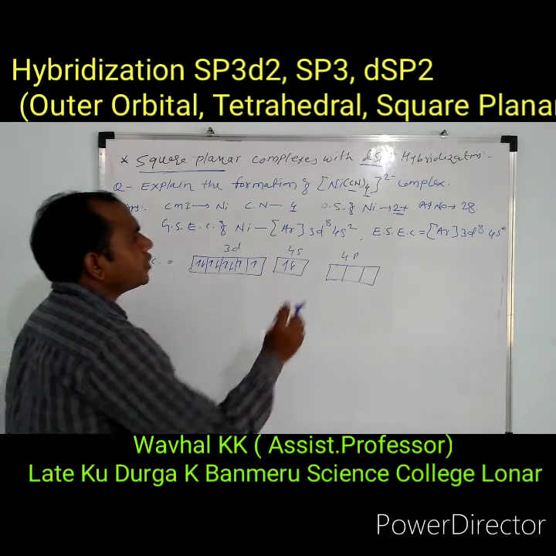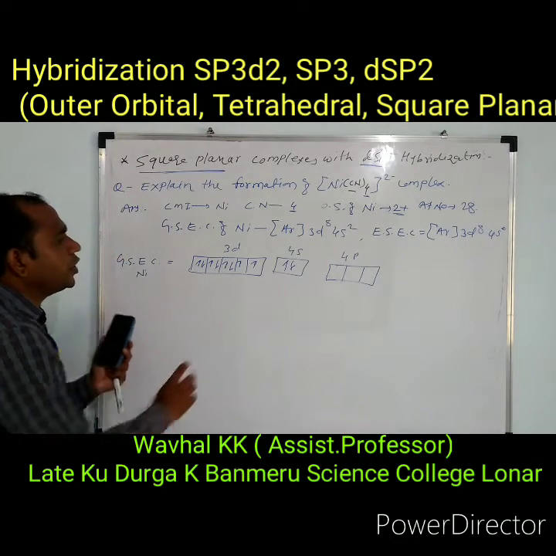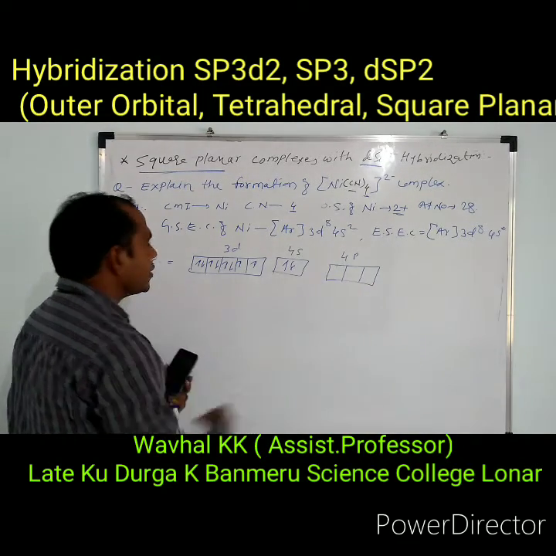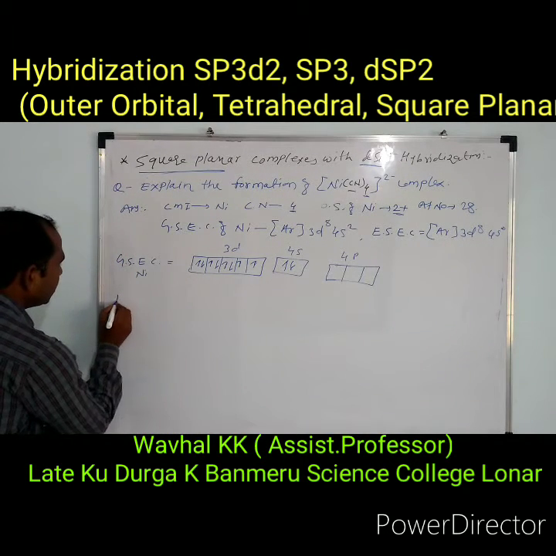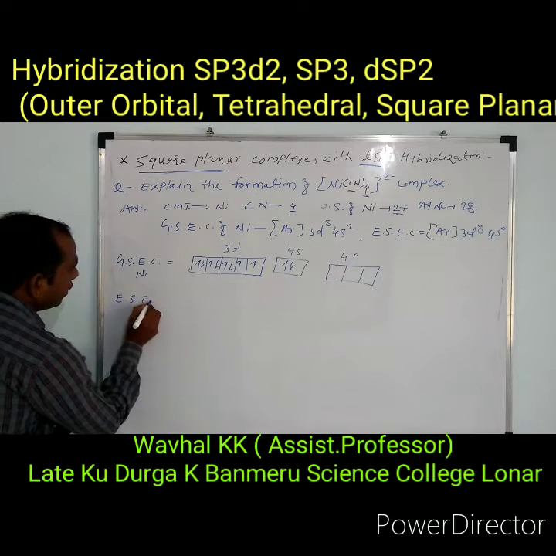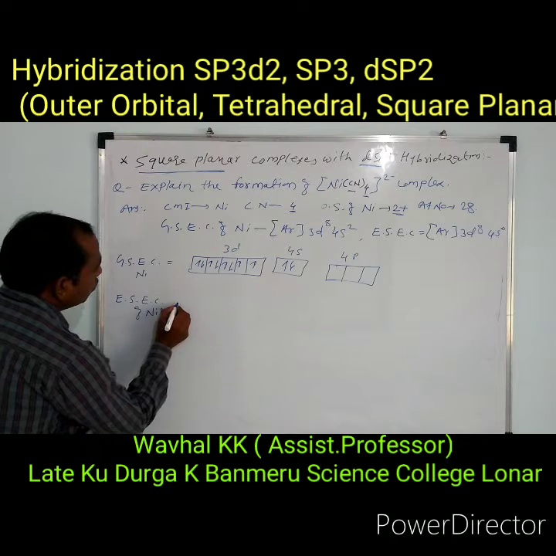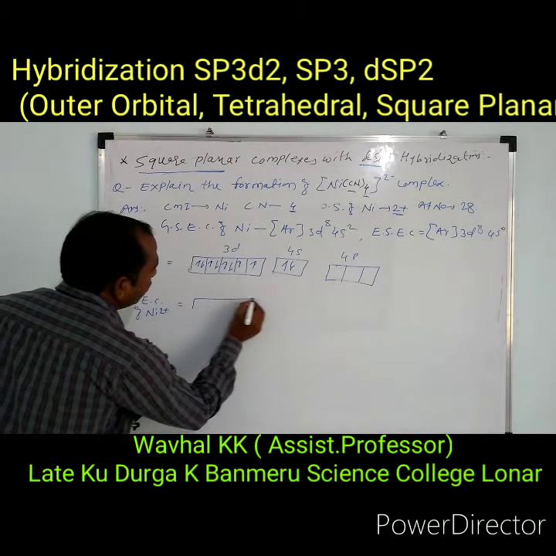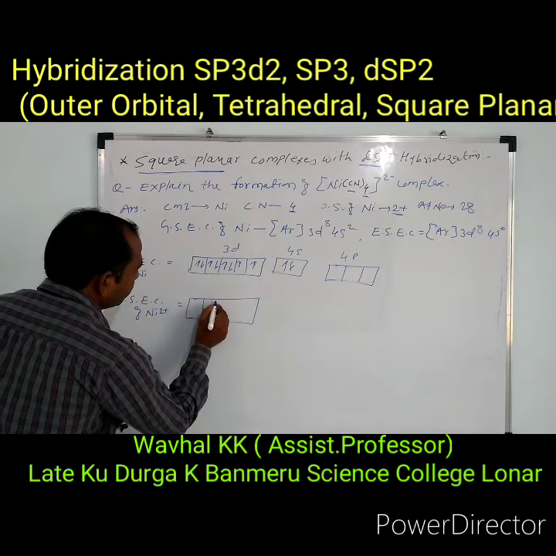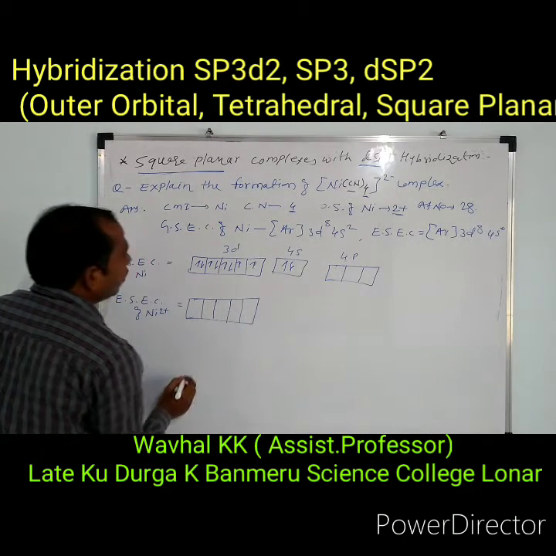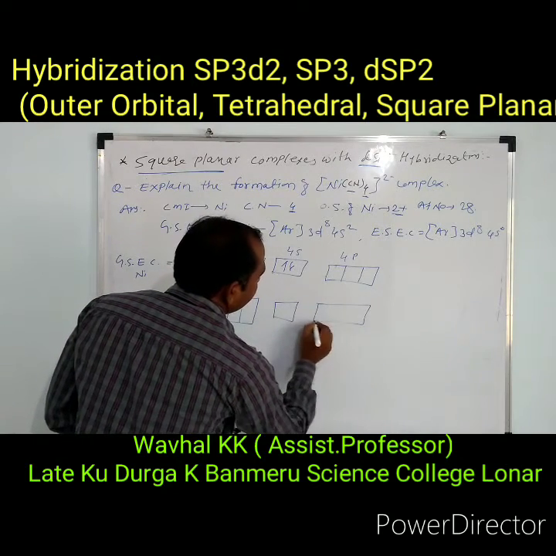In the excited state, what happened? 2 electrons are removed from the 4s orbital. Hence the excited state electronic configuration of Ni dipositive is written in a bracket: 1 2 3 4 5, then the next orbitals are 4s and 4p.